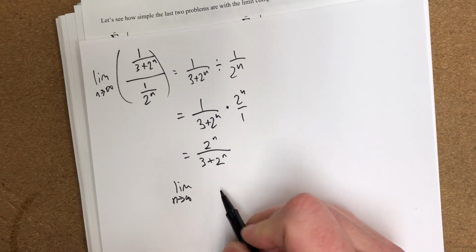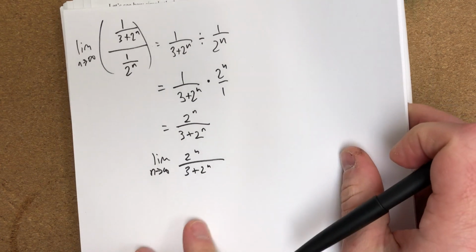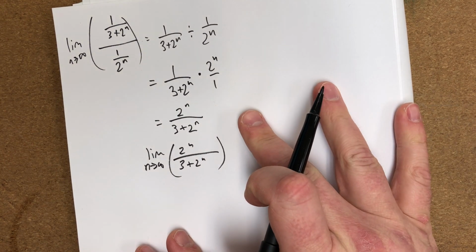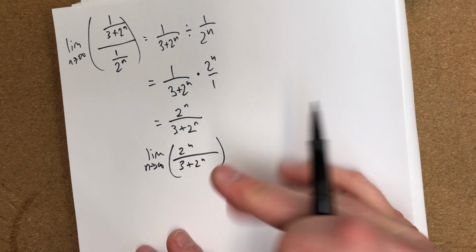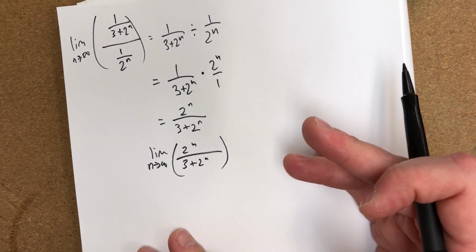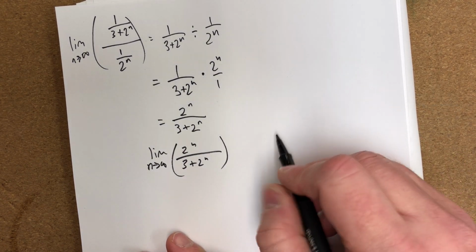So what's the limit as n goes to infinity of 2 to the n over 3 plus 2 to the n? The long answer to this is plug in infinity. Oh, I get infinity over infinity. I have to do L'Hopital's rule. That's the long answer. So do L'Hopital's rule.